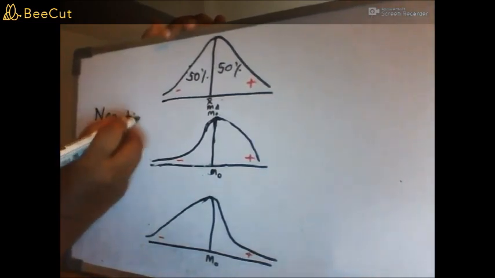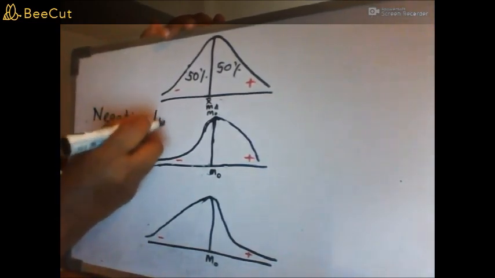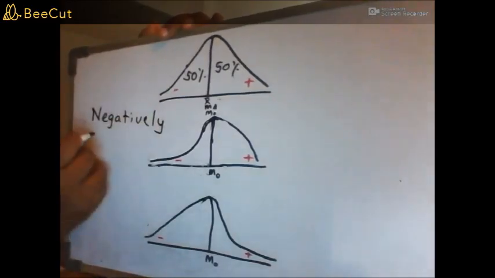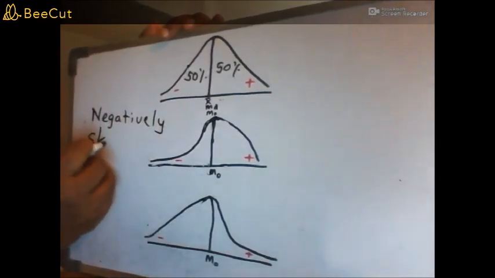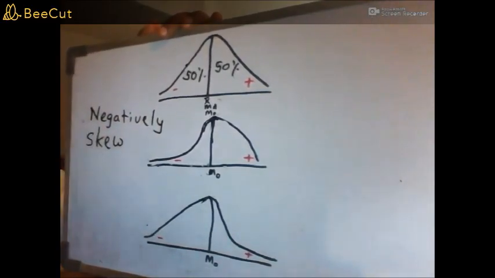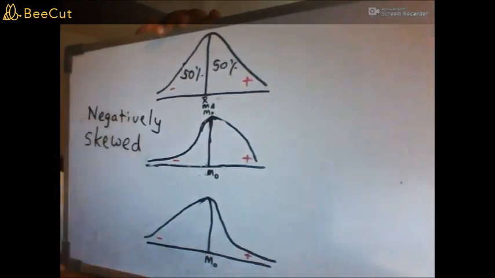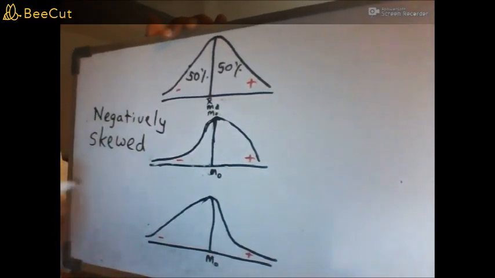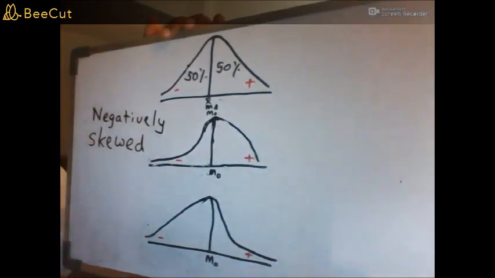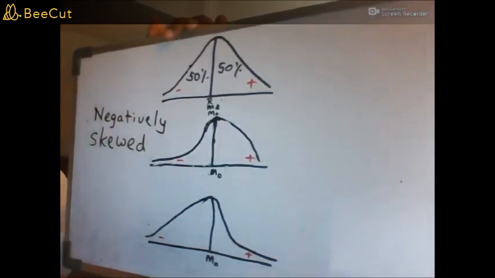Negatively skewed. S-K-E-W. Skewed. Right? The curve is negatively skewed. How to pronounce this one?